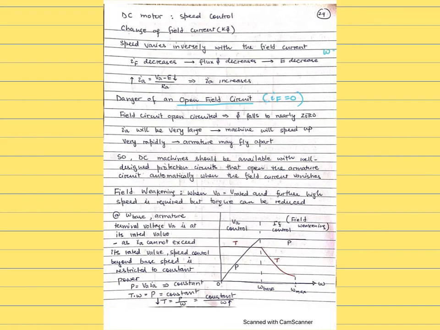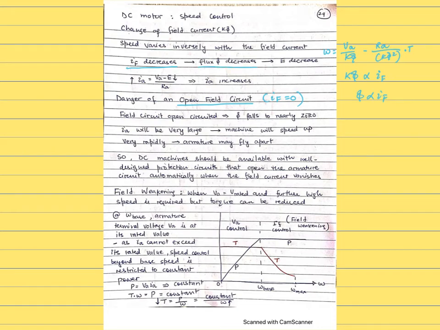Because we said omega is VA over K phi minus RA over K phi squared times T. K phi is a direct function of IF. Since omega is inversely proportional to K phi, omega is inversely proportional to the field current as well. So let's say we're decreasing IF; that decreases flux, obviously.